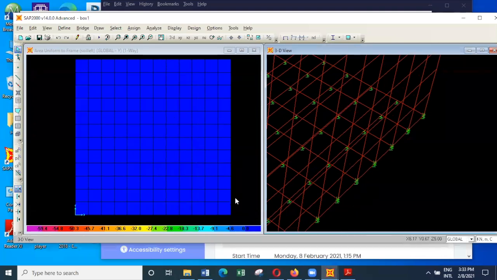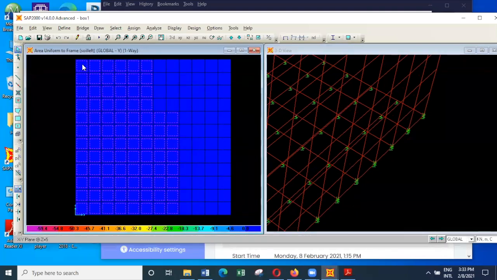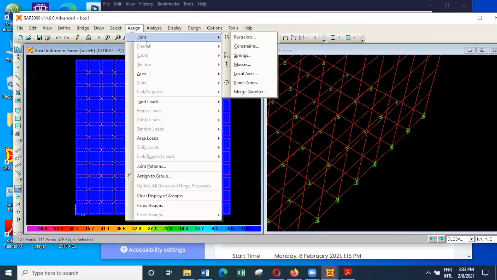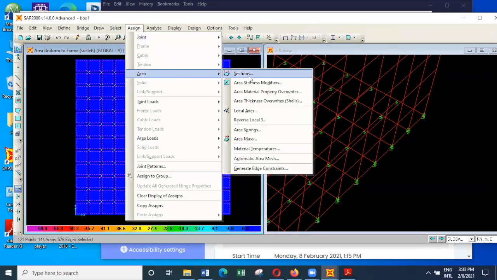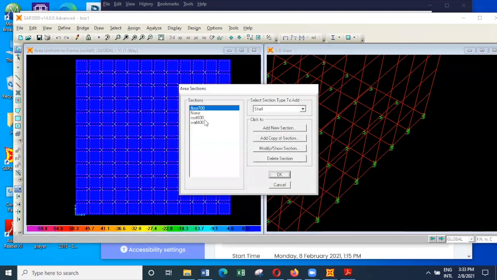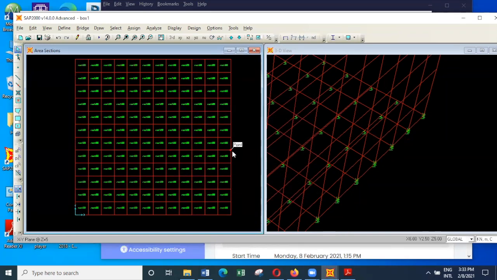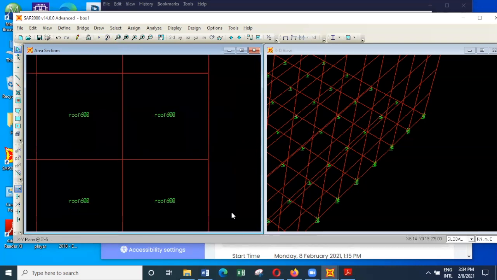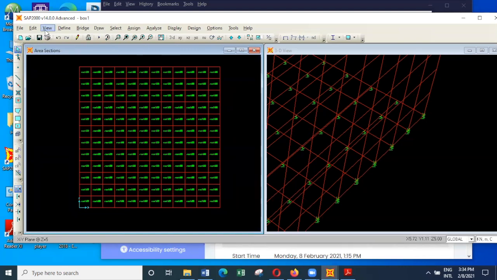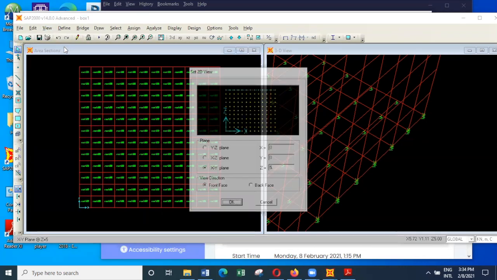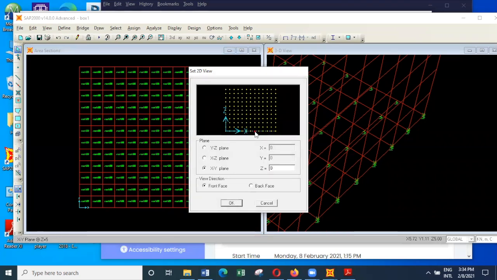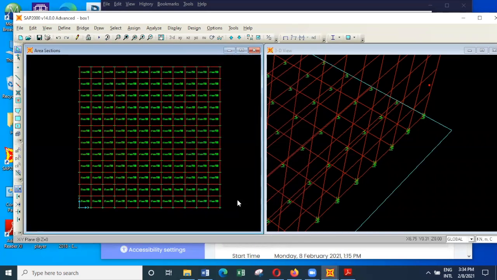Then select all this and assign the area section, and the area section should be roof, and here you can see it's roof, and also this is the floor.